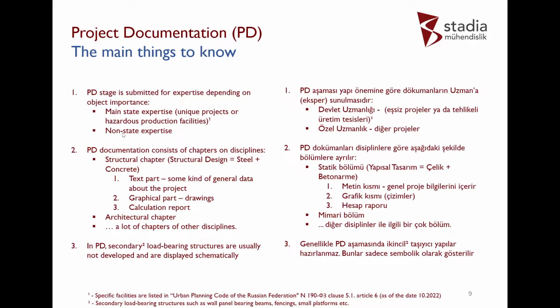But if we have no such requirements, such as a unique project and all dangerous things specified by the link below, then we can go to non-state expertise, and it's easy to pass. It does not decrease our scope, but at the same time we can, for example, give a pre-project, not yet finished, to this non-state expertise, and they will give us comments before we enter.